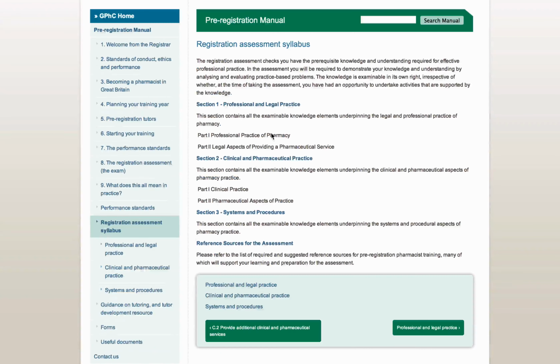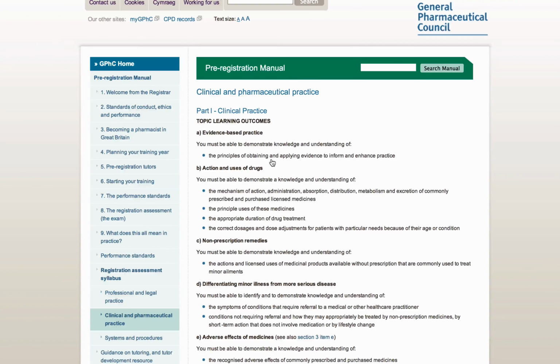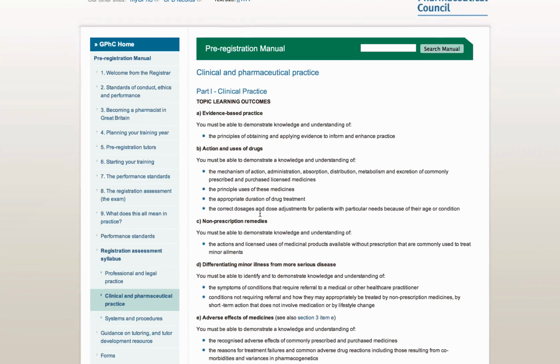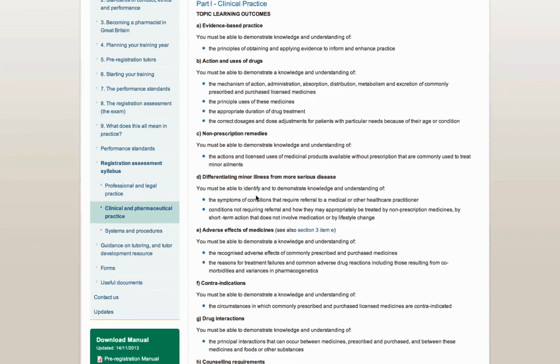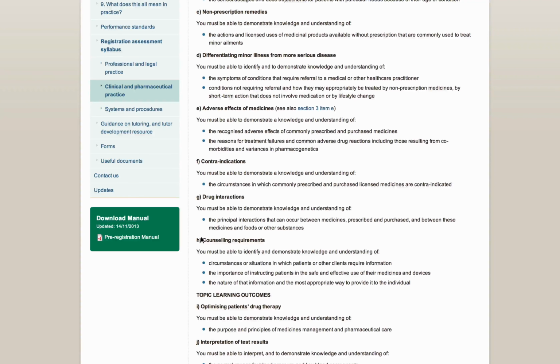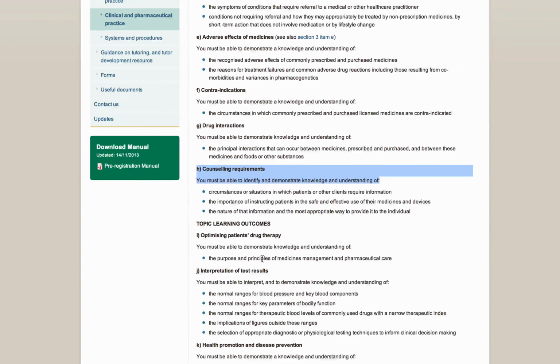Yes, the next section, clinical pharmacy, so section two. On section two, it's in clinical practice. Go down a bit. It's actually the last one, K. If you go down to F, G, H, I, J, K.